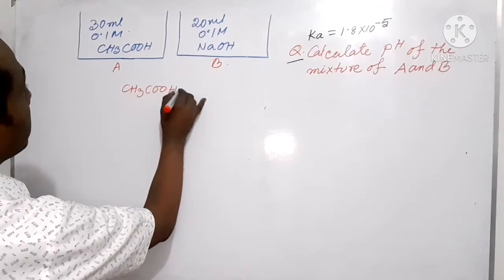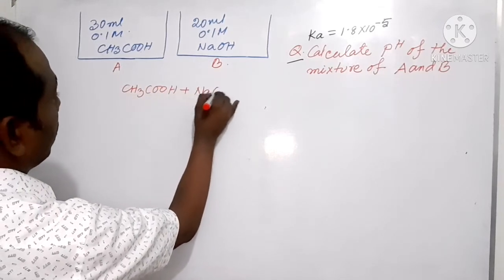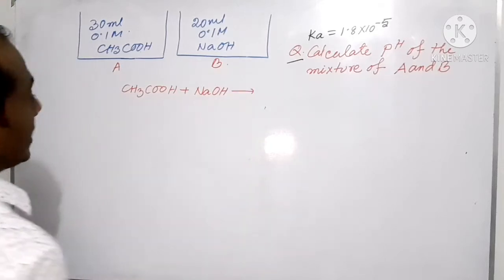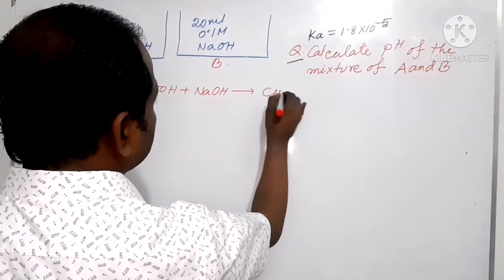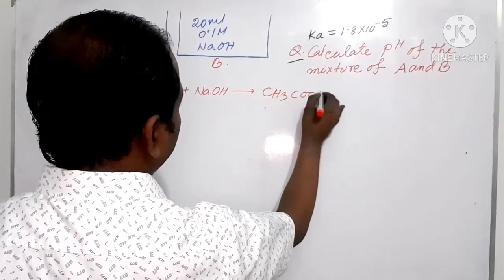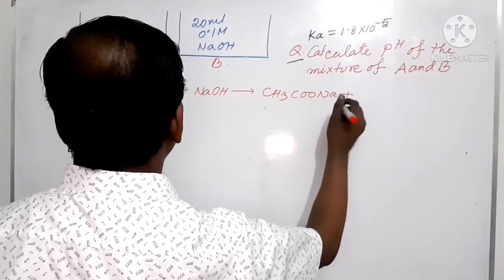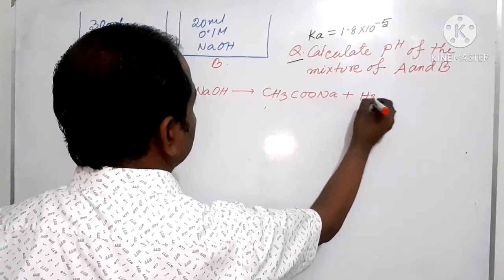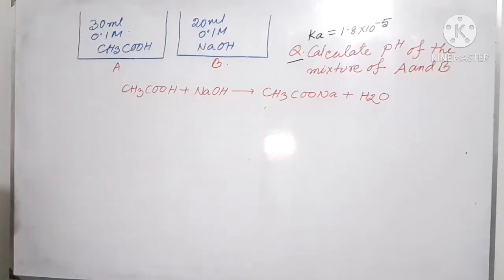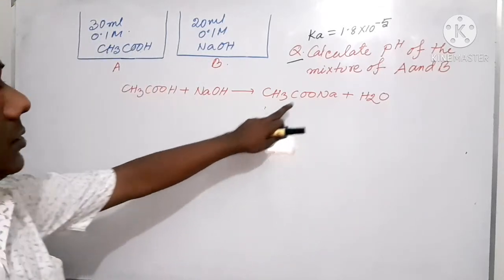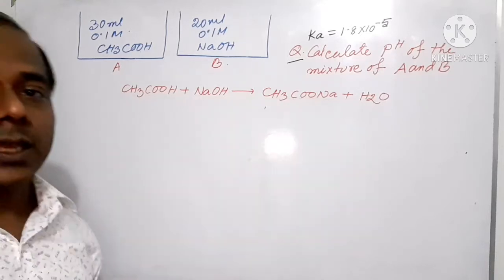So the reaction is like this: CH3COOH plus NaOH reacts and it produces CH3COONa plus H2O. Here it produces the salt of acetic acid.